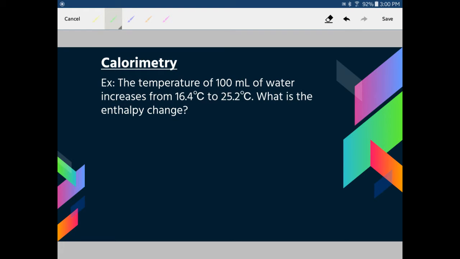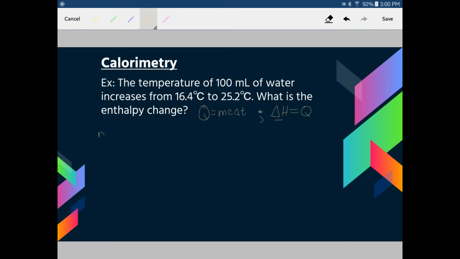Let's take a look at how to potentially solve this. There are a few steps you need to go through in terms of logic. We know that Q equals mc delta T, and we also know that our enthalpy change is equal to Q. So I can use these two things to calculate enthalpy from my mc delta T variables.